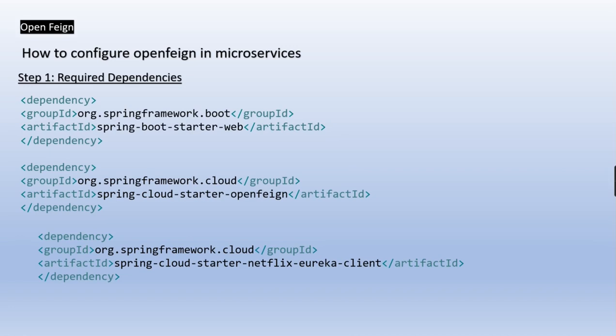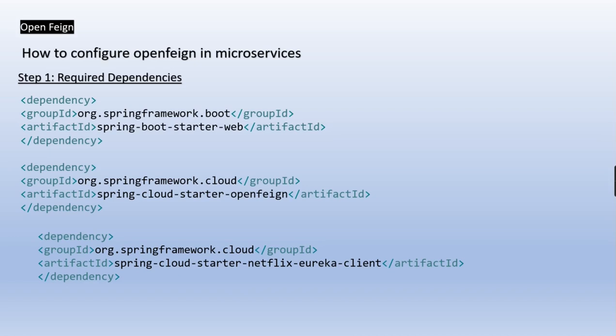Then how to configure OpenFeign in microservices? Basically, whatever project we are going to generate, we need to look for dependencies. Suppose you are writing a client-side project. Earlier, whatever we have done so far was server-side programming. Now OpenFeign is purely for client-side programming.